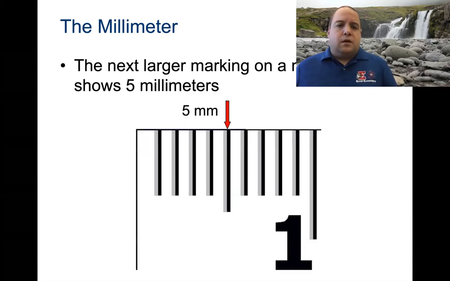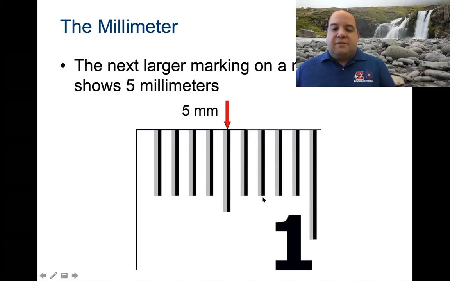Okay, moving forward. The next slide says the next larger marking on the metric scale is at 5 millimeters. Now, the reason they have this longer line is so you can quickly count. When your measurement lands over here on the right, you don't have to physically come in and count 1, 2, 3, 4, 5, 6, 7.